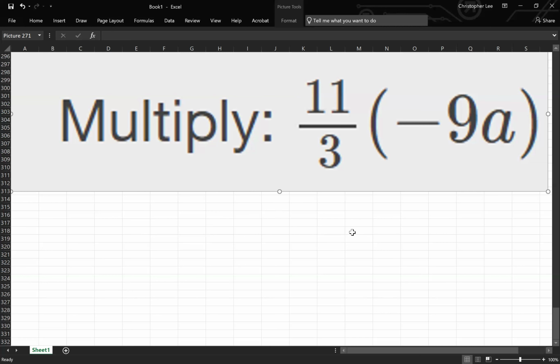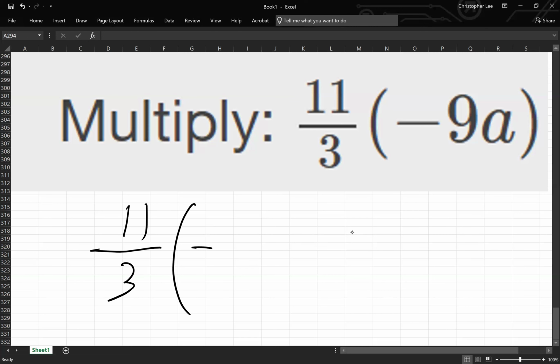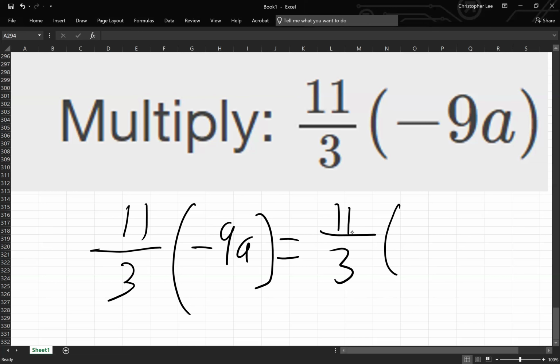Okay, so let's see. I have 11 over 3 times negative 9a over 1. Did the previous problem not have the parentheses? But this one does, so the negative is only applied to the numerator.